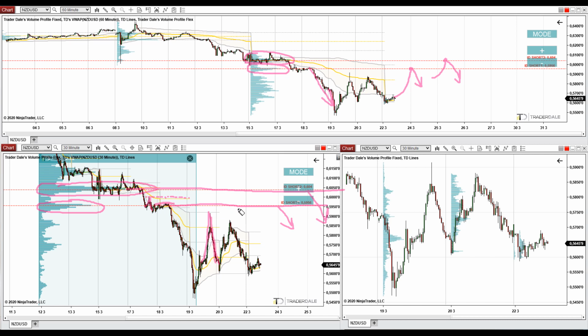So I still think this level is okay to trade, but the safer one, which I like better, is definitely the short in here based on this significant volume cluster right there. Now the exact values of those levels are 0.5956 and the higher one is 0.6040.